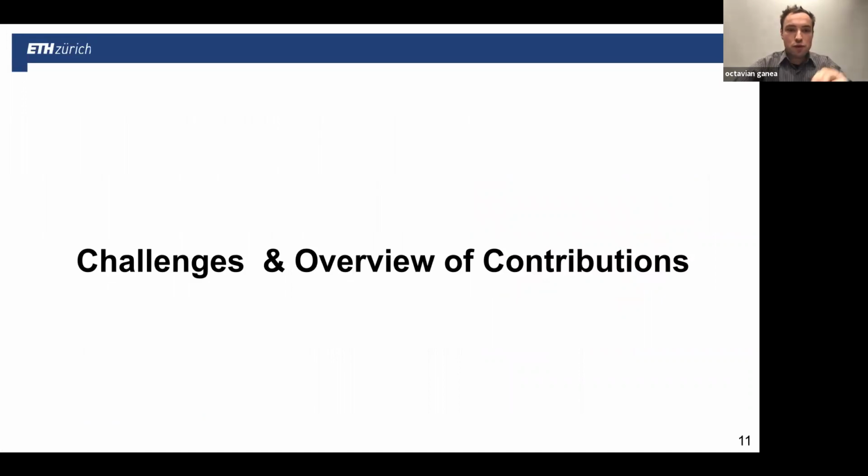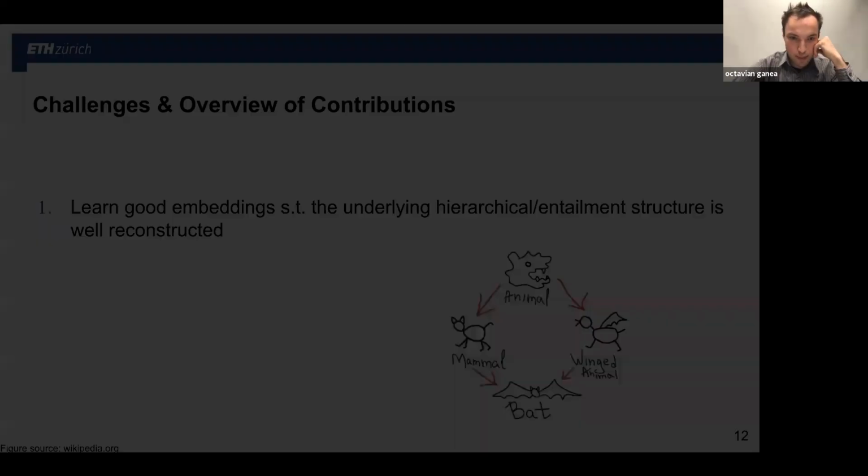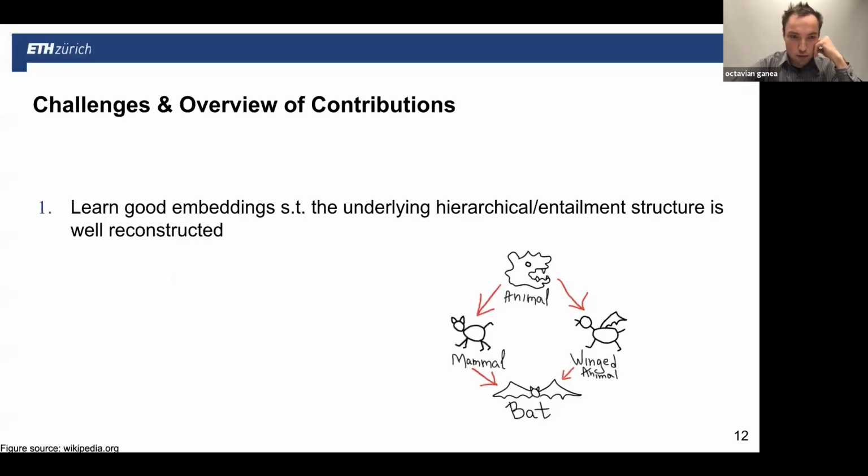So I'm going to have a few slides now with an overview of challenges and contributions that I'm going to cover in this talk. One interesting aspect is how to learn good embeddings such that we capture the underlying hierarchical or entailment structure. I'm going to focus in particular on the hyperbolic space because that's the focus of my PhD and of this talk.